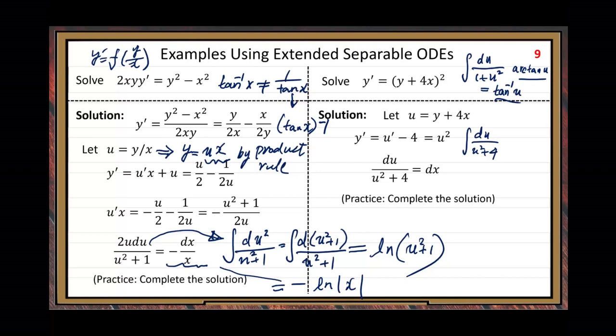So now you know how to use that arctangent formula to calculate this one. There is a 4, so you cannot apply it directly, because the formula has 1 in the constant term, not 4.